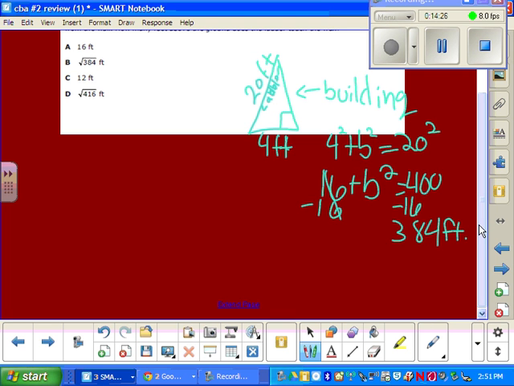So that gives me b squared, which equals 384. And all we have to do is look at our answer choices and see that letter B has the square root of 384.